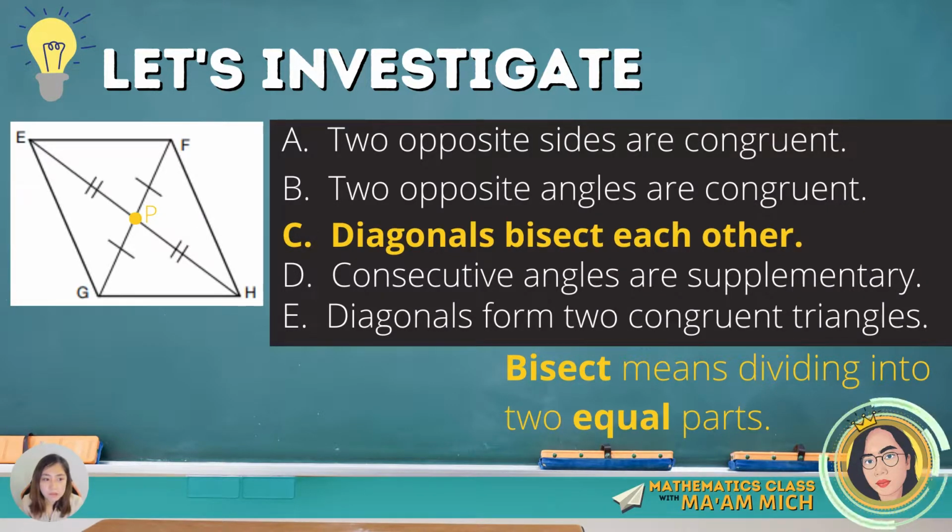Next, we have here diagonal EH. Symbol of congruency, we have segment EP is congruent to segment PH. So meaning diagonals of parallelogram bisect each other.